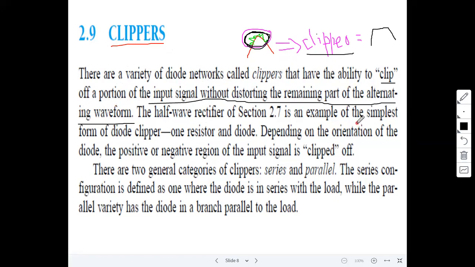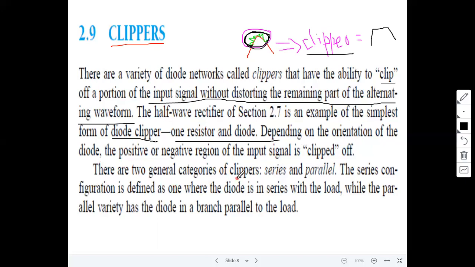What does a clipper circuit consist of? Clipper circuits are designed with the help of diodes, one resistor and one diode. It is compulsory: there is one resistor and one diode. Depending upon the orientation of the diode, the positive or negative region of the input signal is clipped off.